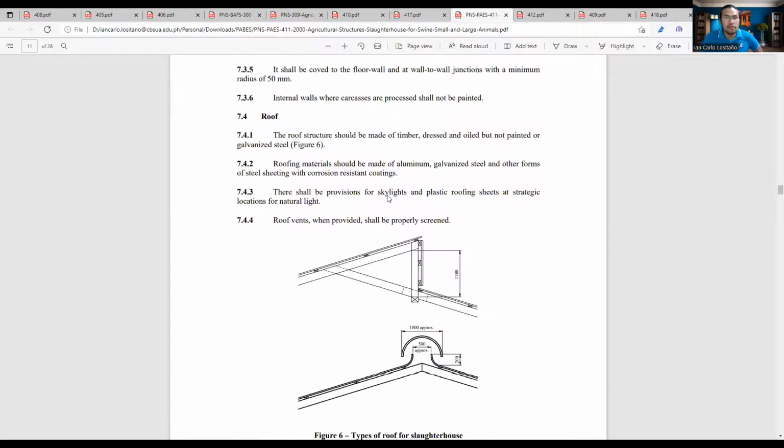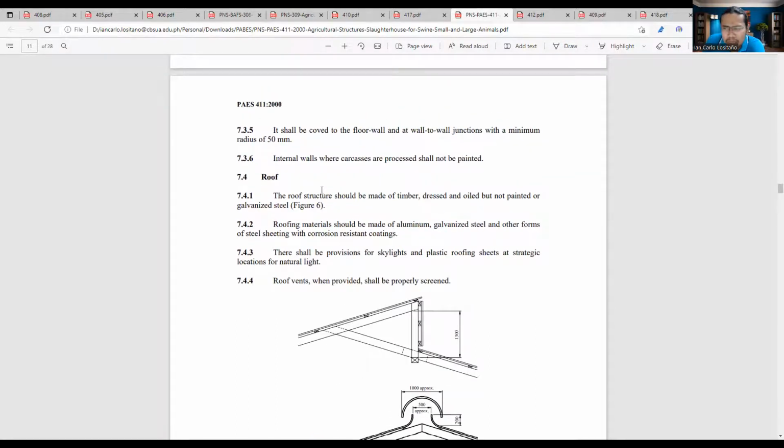And then the roof, okay? Structure should be made of timber, dressed, and oiled, but not painted, or galvanized steel. There's a lot of moisture going up above the ceiling, so it should be included in the design.